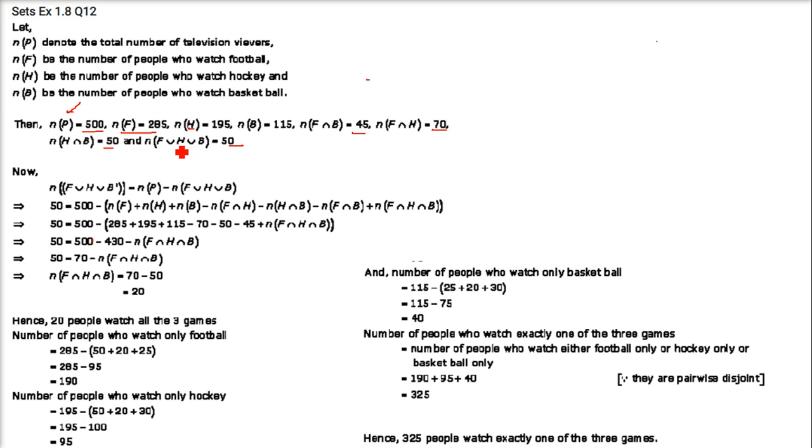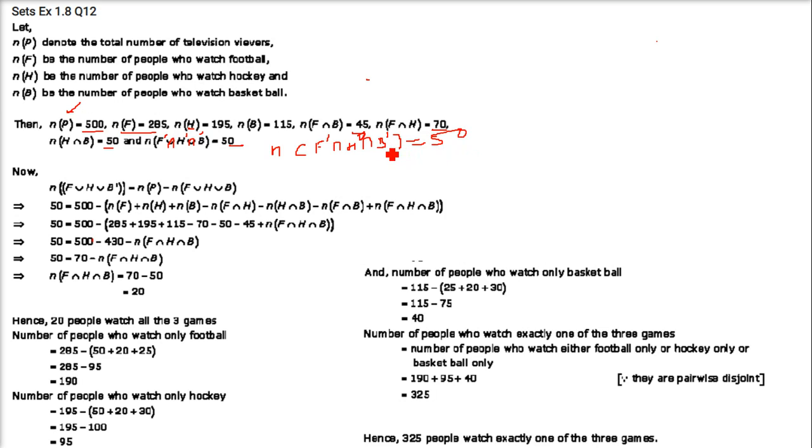When we talk about not watching, this is N of F dash intersection H dash intersection B dash. Not watching F, not watching H, not watching B, all three, is 50.